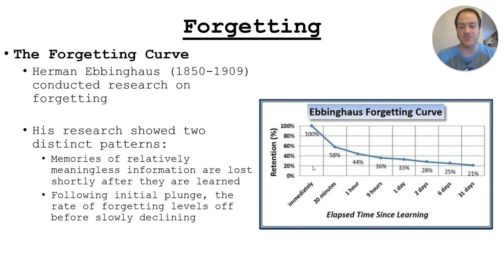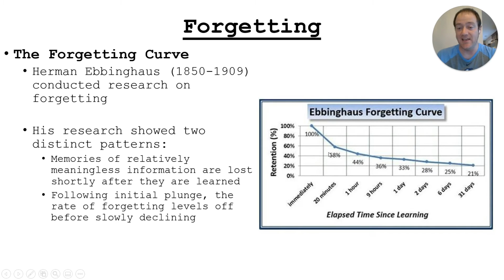And you can see on this chart over here that even at 20 minutes, according to Ebbinghaus, we've forgotten over 40% of the information we just learned. But what this also shows is that, as time goes on, it tends to level off much more.